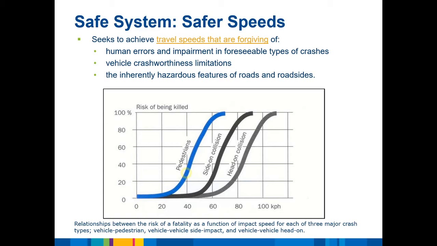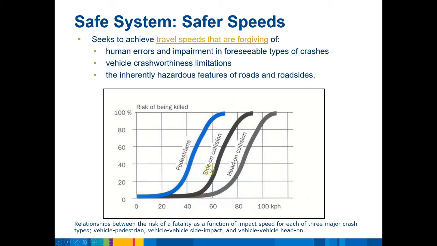So not only do collisions become more likely with the higher speed, but they also become 3 times as deadly. Dropping the speed limit just 10 kilometers an hour to 30 k's in heavy, built-up pedestrian areas gives us a significantly lower risk to pedestrian safety. Let's go to the next curve. Side-on collision. Again, we have about 10% comes in at about 50 kilometers an hour.